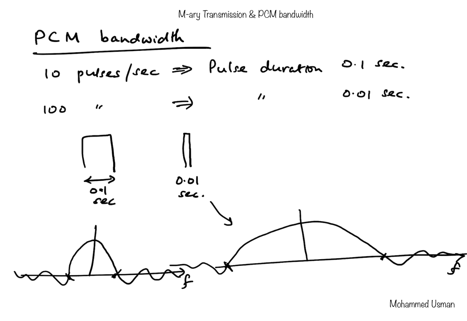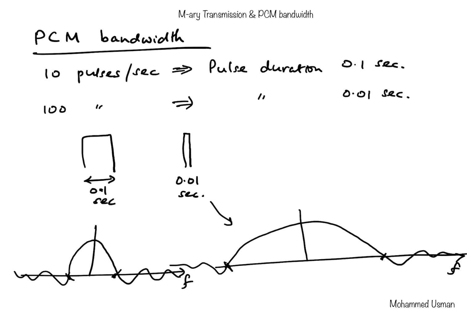So from this we notice that reducing the width of the pulse, or equivalently reducing the pulse duration, has an effect of increasing the bandwidth required to represent that pulse. So that is why we do not want to increase the pulse rate or the baud rate.